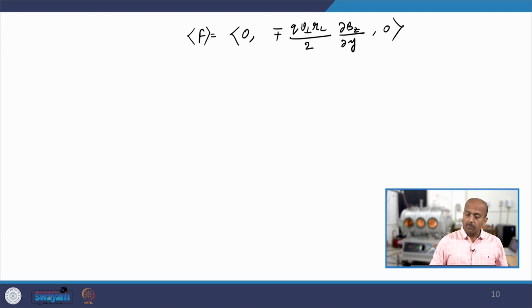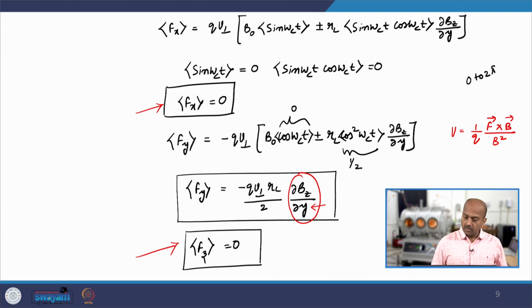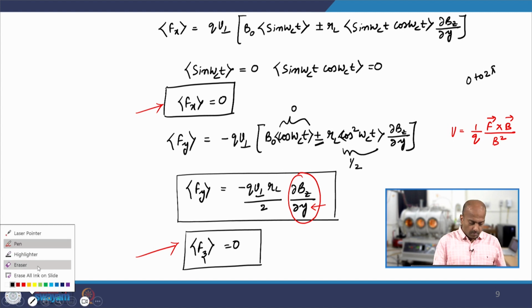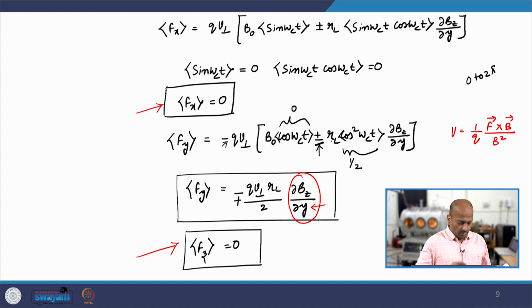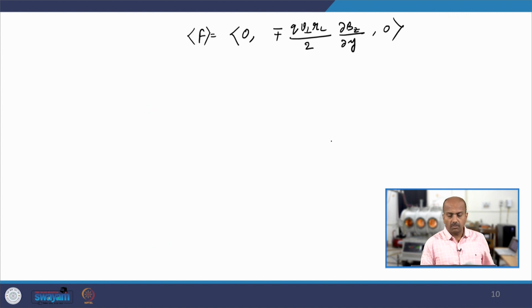How did I get minus plus? Because there is a plus minus here. When it comes out, I should have written minus plus instead of plus minus, because this minus multiplies this plus minus and we have this minus plus.